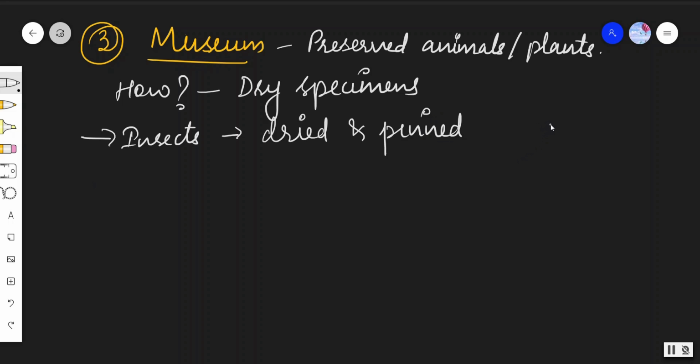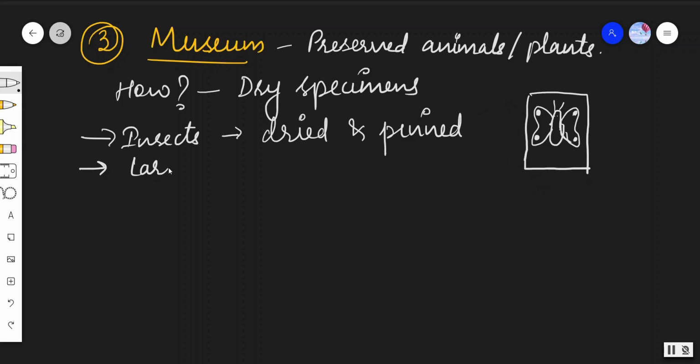Like if this is a butterfly, it's very difficult to draw with this pen actually, we just dry it first, then its wings are pinned down like this on a plate. Clear?